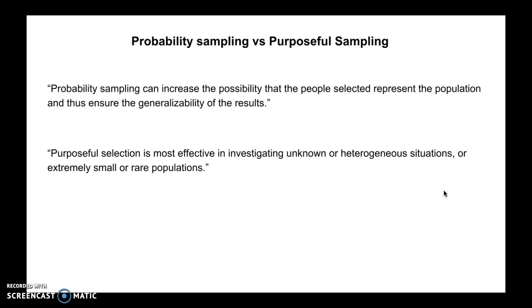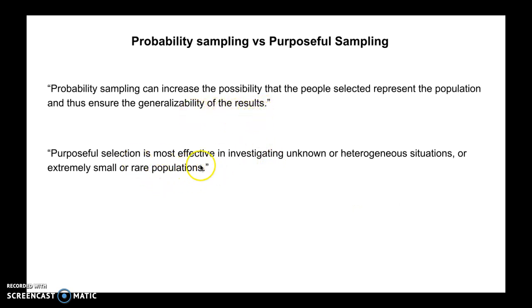Anyway, probability sampling and purposive sampling are different, and each one has its advantages and disadvantages. Probability sampling, as we mentioned earlier, can ensure the generalizability of the results.